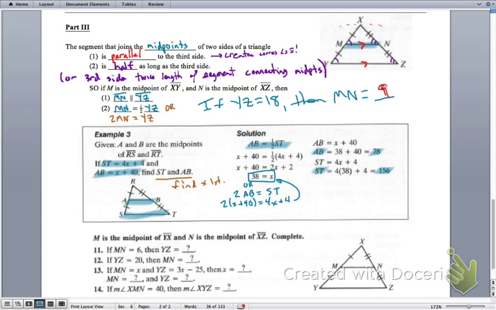But either way, you get 38 for x with either of these equations, and then you plug in 38 to find the length of ST or AB. The key to this third section is if you have a segment that goes from midpoint to midpoint, a mid-segment, the third side is double its length. So use that idea to answer these next couple questions.